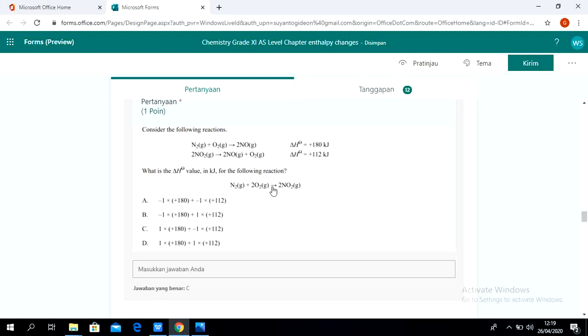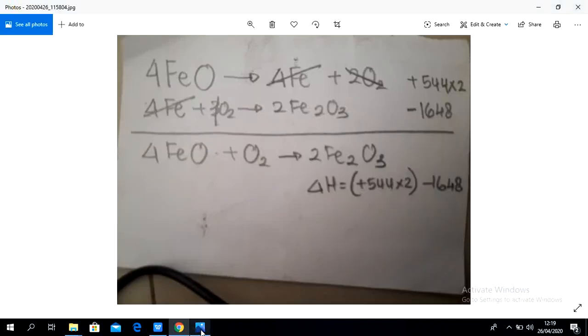We know it becomes 2. So what we have to do here is change the orientation of the second equation. This orientation change makes this sign also change, or multiply by negative 1. Let's see here.